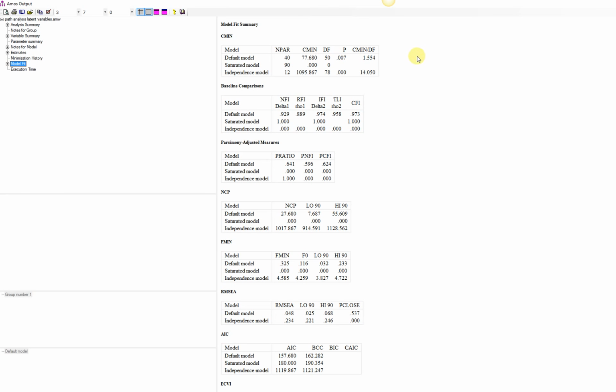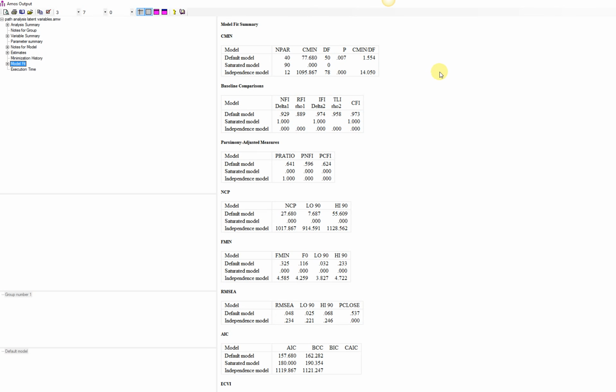So statistical significance for the test would actually indicate that you have poor fit of your model to the data. And in this case, we do have that occurring. The one thing to keep in mind about the chi-square test is that it is sensitive to sample size. And so with larger sample sizes, it's easier to find statistical significance.